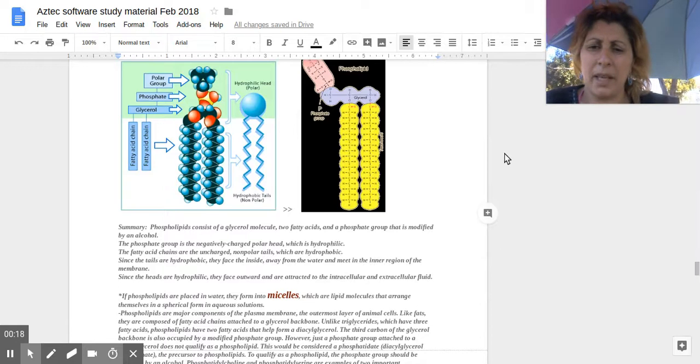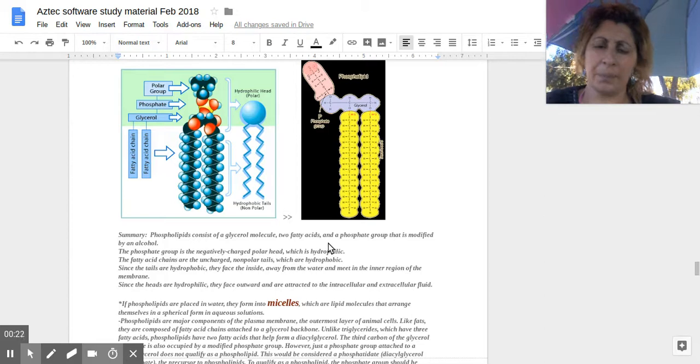Okay. So we have reached the section of digging a little bit deeper into the membranes of cells and the molecules that make up cell membranes, aka phospholipids.